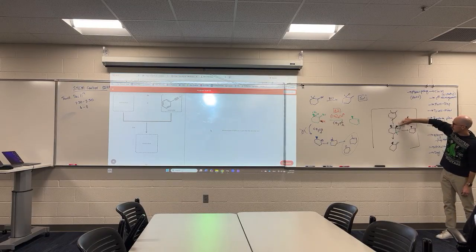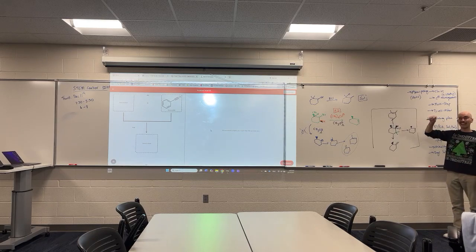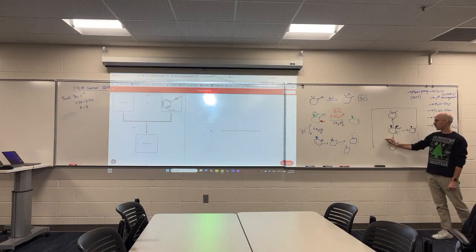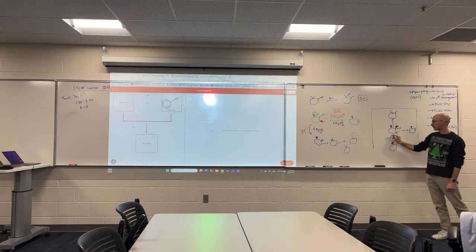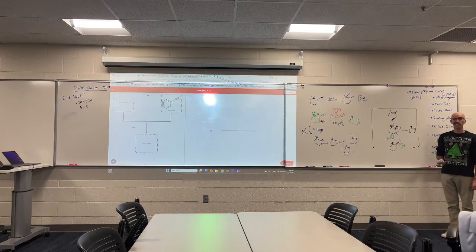If I want to form an alkene from this least substituted beta position, then I'll use tert-butoxide. Tert-butoxide prefers that less substituted carbon, and it gives us the least substituted alkene.